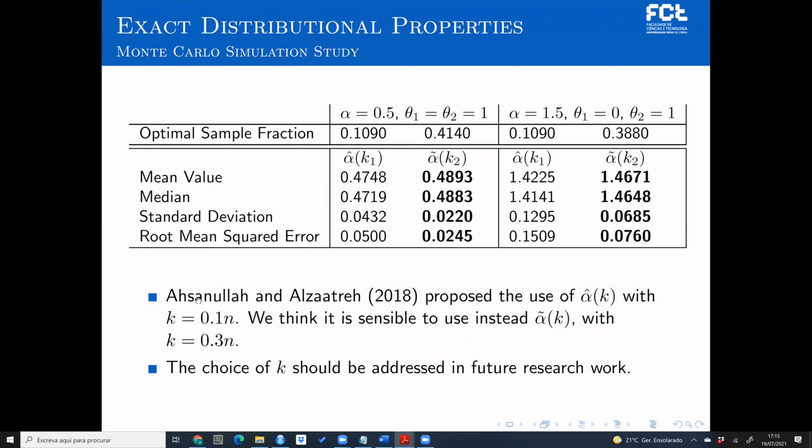We know that Alzaatreh and Alzadar proposed the use of the modified Hill estimator with a level K about 10% of the sample size.